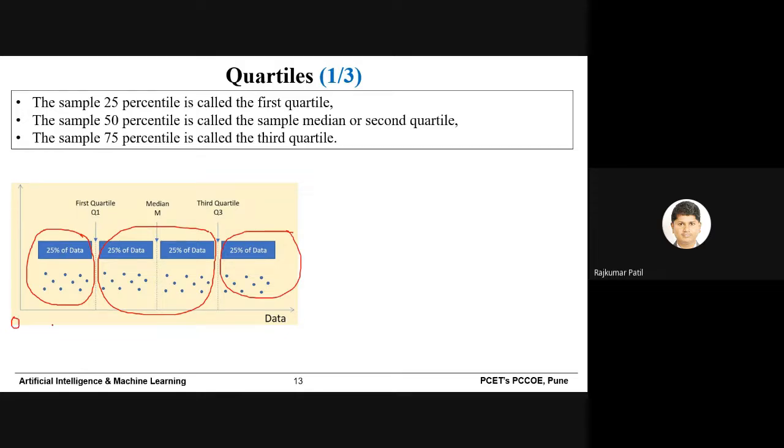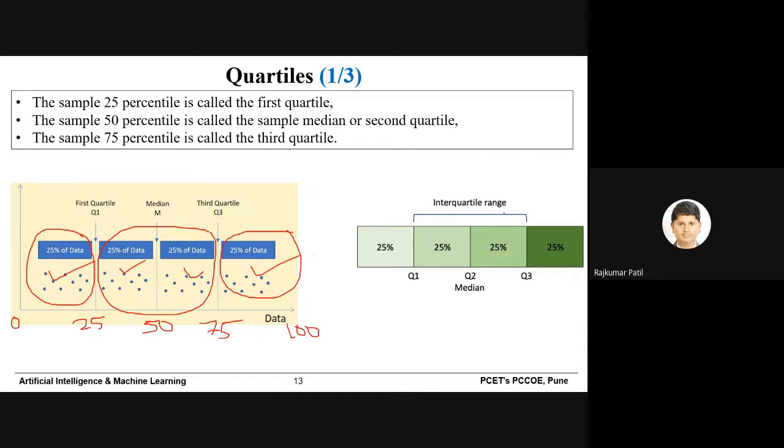So 0, 25, 50, 75 and 100, right? So the data is categorized accordingly, and this particular range, that is the distance between Q1 and Q3, is called the interquartile range. And the interesting thing here is that we are calling Q2 the median, and generally it is the median of the data.